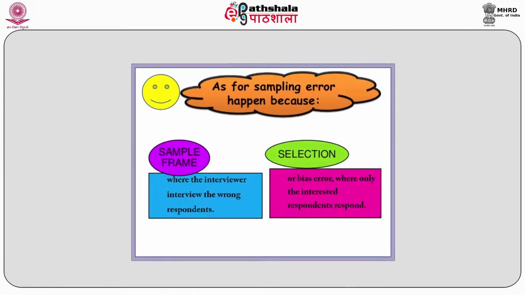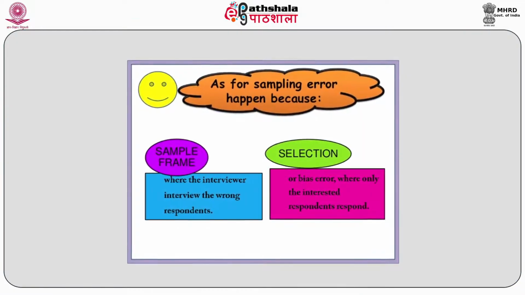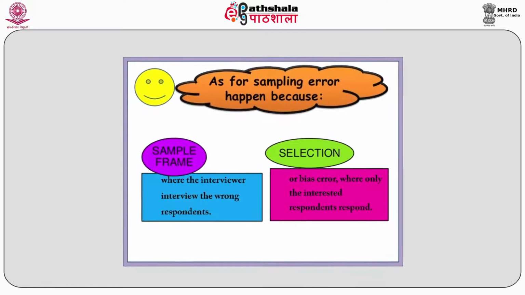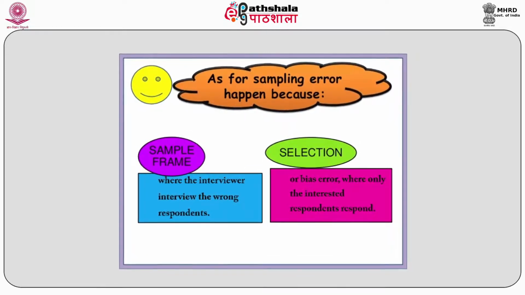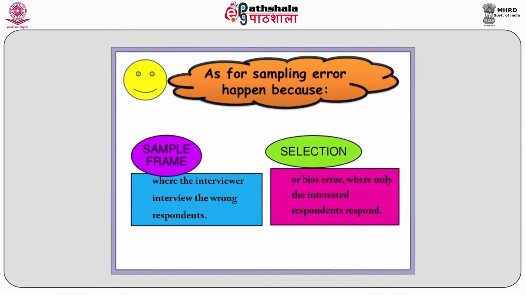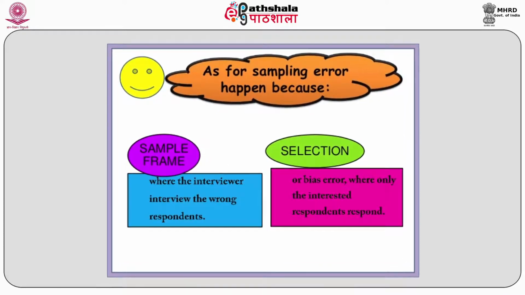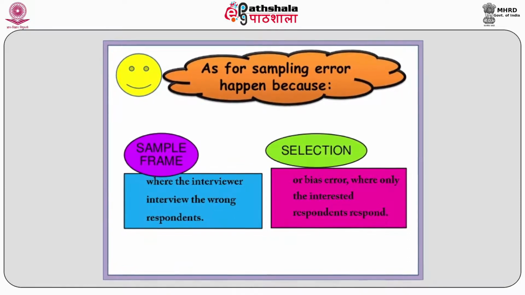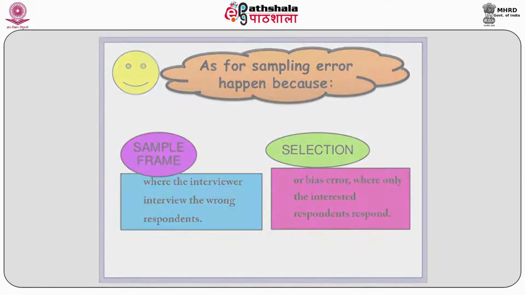That is, sampling error decreases with the decrease in sample size, and sampling error increases with the increase in sample size. Sampling error can be measured for a given sample size and a given sample design. The measurement of sampling error is usually called the accuracy of the sampling plan. If the sample size is increased, the accuracy in the sampling also tends to increase.